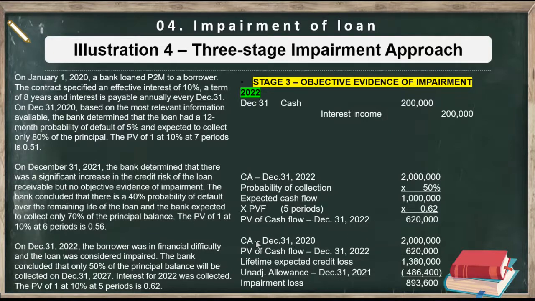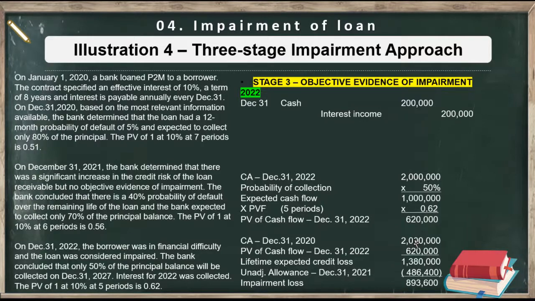You have the carrying amount. Again, this is equivalent to the original face amount. Then the present value of the cash flows. Why is it always 2 million, ma'am? Because we have no payment of principal in the past 2 years. So in 2021 there was no principal payment, and in 2022 there was no principal payment either. If there were a principal payment, it would be deducted. But since it stays the same, it remains 2 million because the 2 million will ultimately be collected later on.